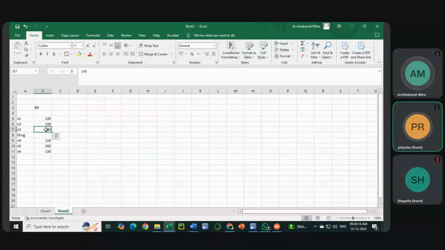So baseline is something which we normally define as the value measured for any particular vital sign or lab just before taking the study drug. Suppose this is the baseline value.